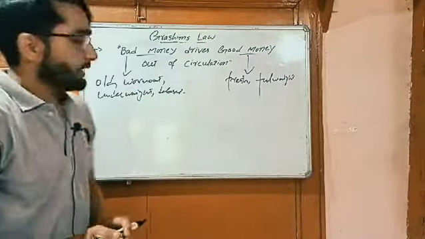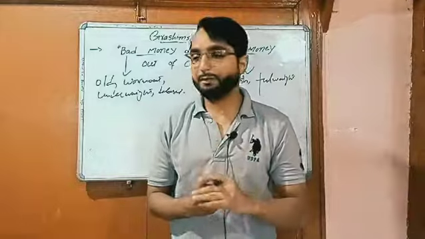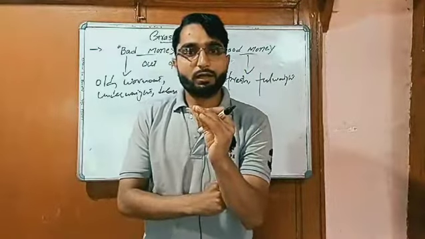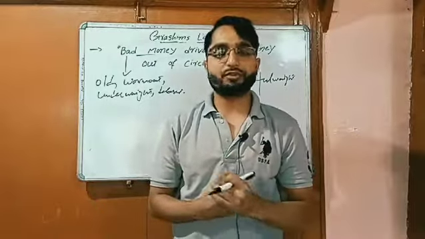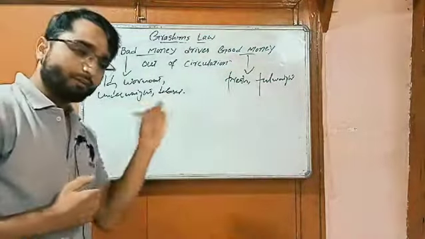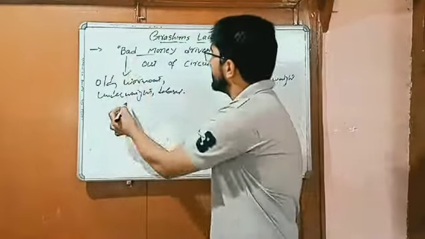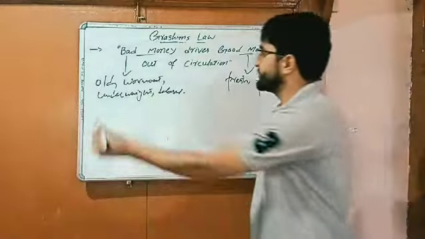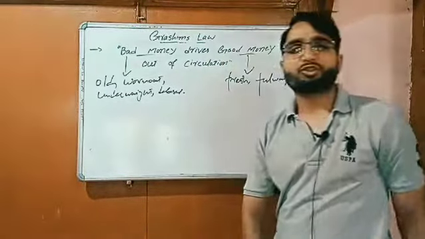Okay. Well, during the reign of Queen Elizabeth I in England, the currency standard which was in practice was the gold standard. Okay, so what happened at that time? Only this bad money was in circulation. That is, old, worn out, underweighted, and debased coins were in circulation.